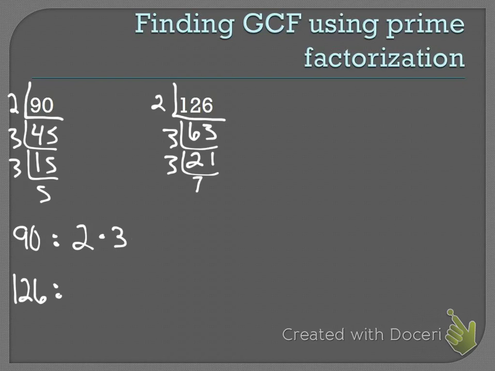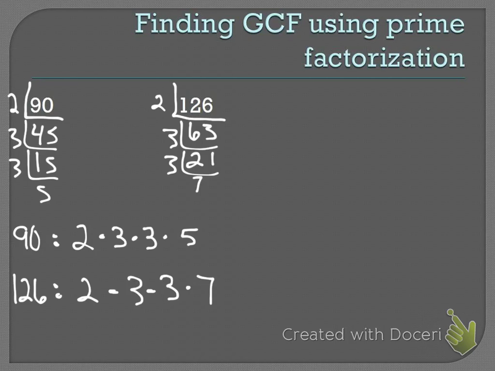2 times 3 times 3 times 5. And 2 times 3 times 3 times 7. Right? Okay, so now I'm going to circle my common factors. Now, if I'm listing factors, guys, I need you to mentally separate these two methods. If I'm listing all of the factors I just pick the biggest one.